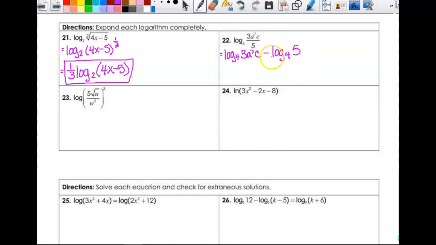So this is as much as I can do with that part, but here I can expand this into 3 separate ones because it's all being multiplied. So this is going to give me log base 4 of 3 plus, and then log base 4 of a to the 7th, the 7 can come out in front, 7 log base 4 of a plus log base 4 of c minus log base 4 of 5.